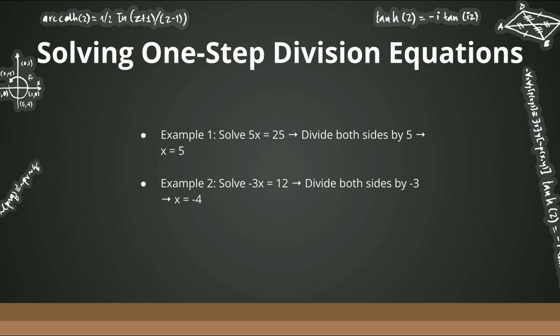Since x is multiplied by 5, we'll divide both sides by 5 to undo the multiplication. Doing the math, we get x equals 5, because 25 divided by 5 is just 5.